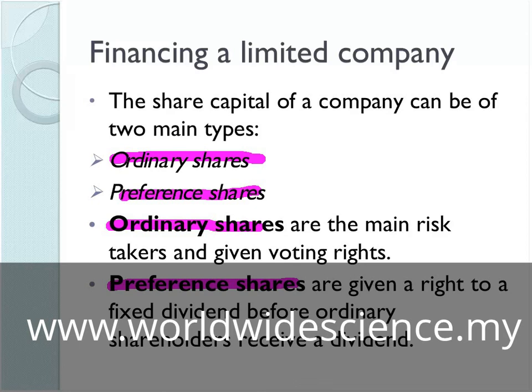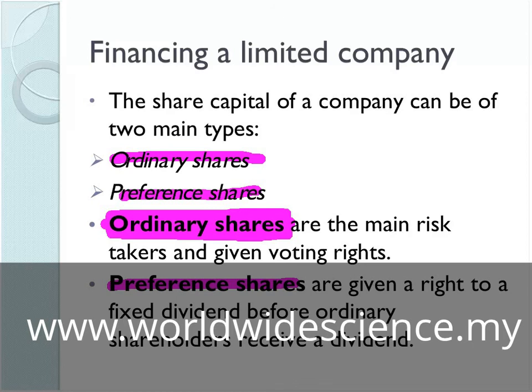Ordinary shares carry voting rights. The people who have ordinary shares can decide some business matters in the company, can consider some proposals, and decide how to run the business.